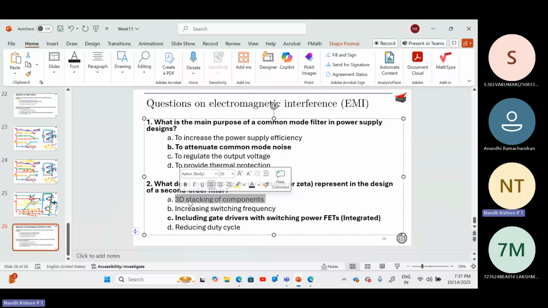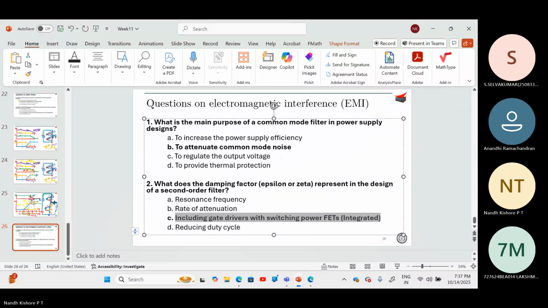A resonance frequency, rate of attenuation, quality factor, and filter bandwidth.